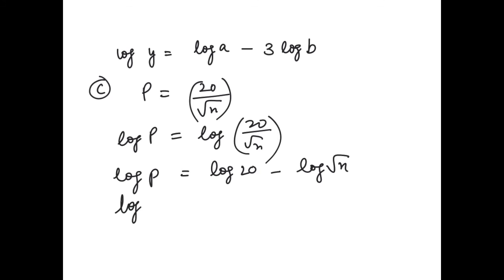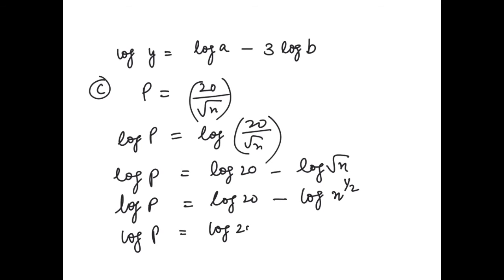So it will be log p equals log 20 minus log n to the power half. So the answer would be log p equals log 20 minus half log n.